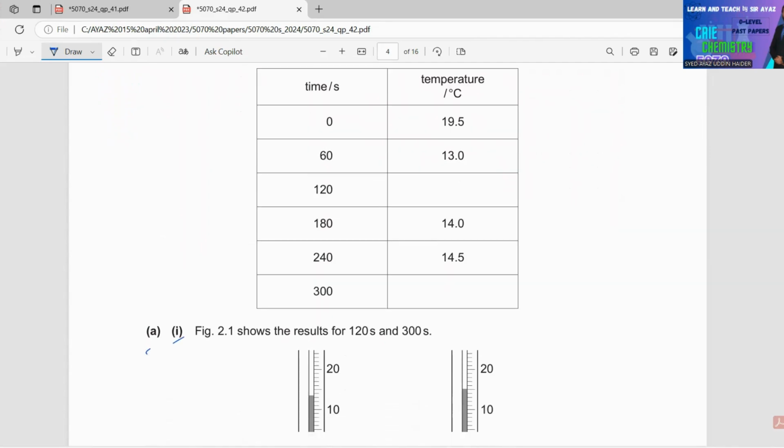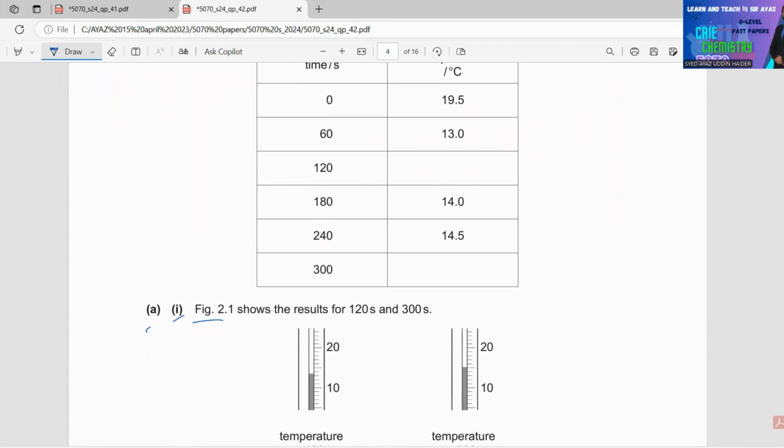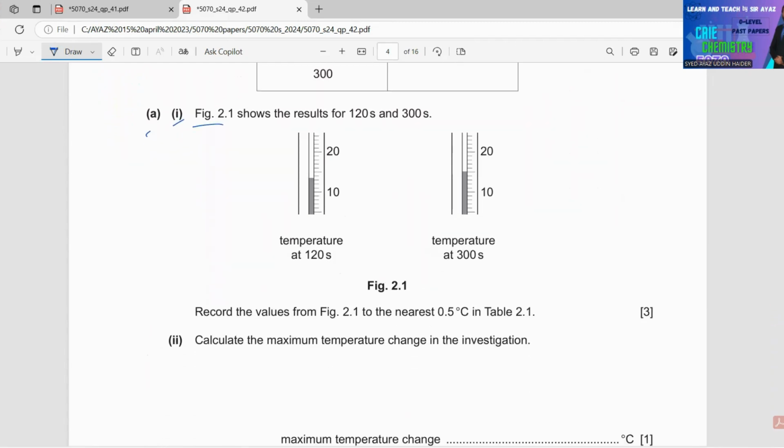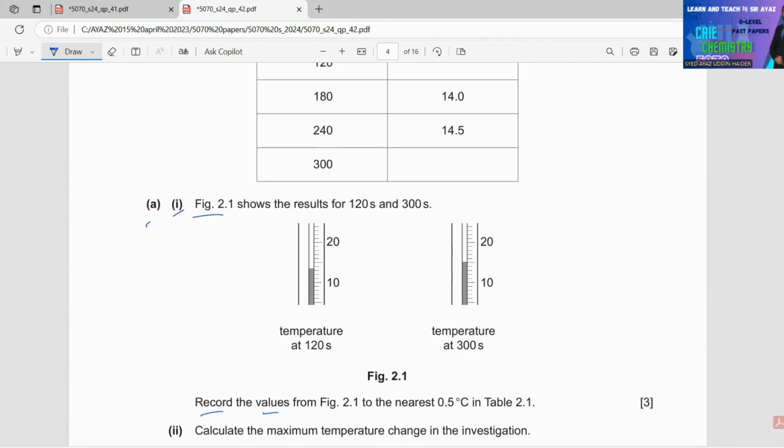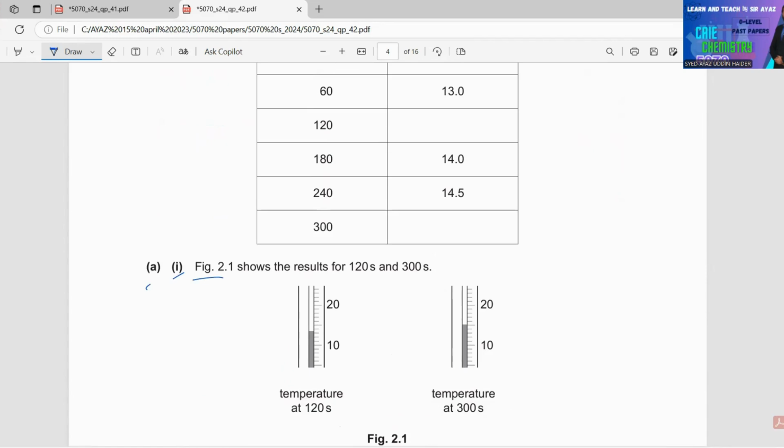A. Part 1. Figure 2.1 shows the results for 120 seconds and 300 seconds. Record the values from figure 2.1 to the nearest 0.5 degrees centigrade in table 2.1. Now for 120 seconds, the temperature must be 10, 11, 12, 13.